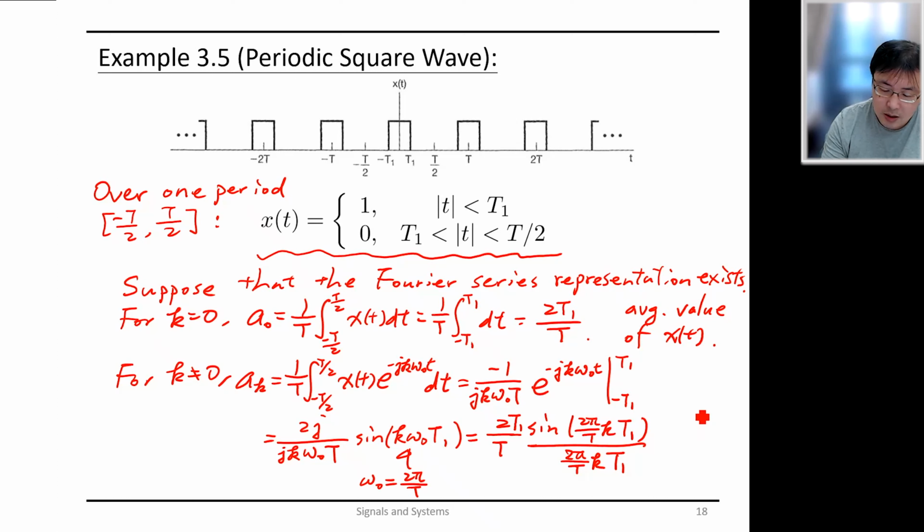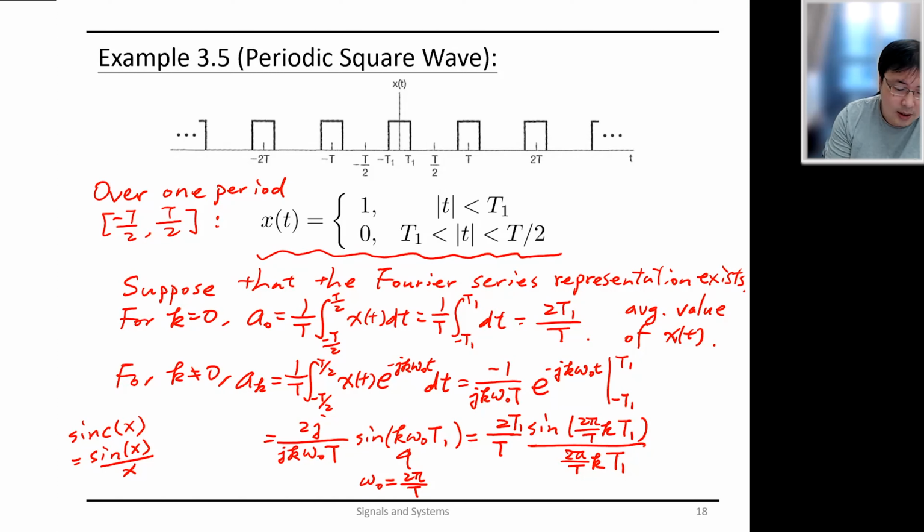So this is basically what we call a sinc function, that is defined as sine of x over x.